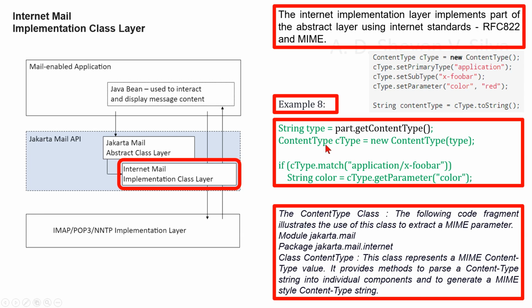The ContentType class also provides methods that match content type values. The following code fragment illustrates use of this class to extract a MIME parameter. This code sample uses this class to construct a MIME content type value.